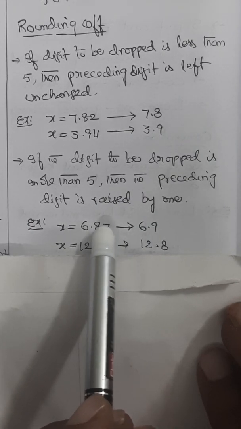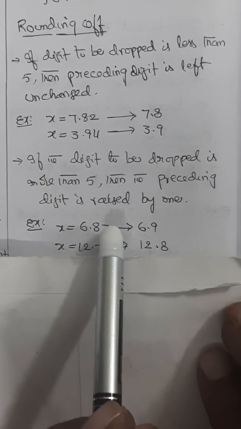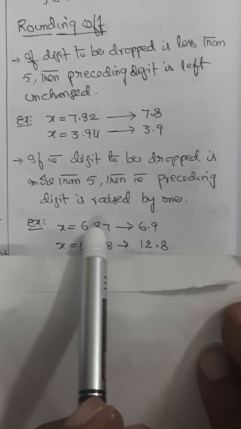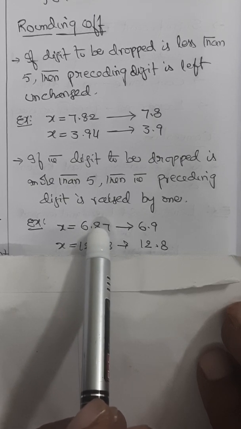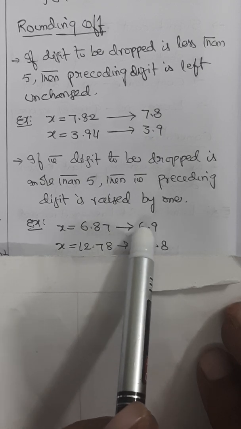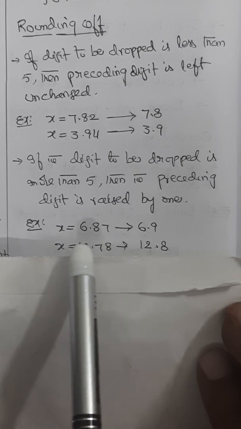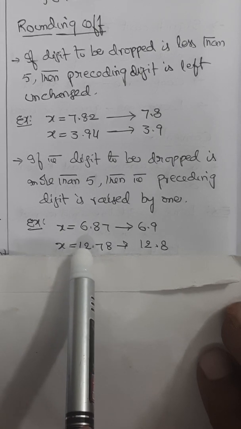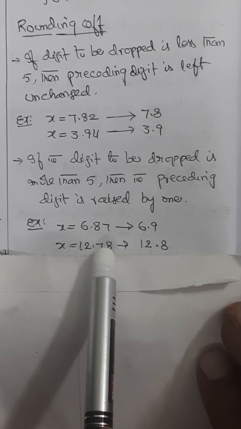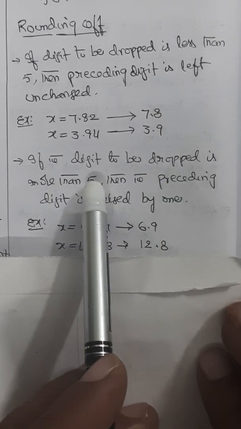Now this 7 you want to drop. The 7 is more than 5. Therefore, the preceding digit should be raised by 1. Therefore, 6.87 can be rounded off as 6.9. Similarly, if you take another value, x equal to 12.78. Now 8 you want to drop. 8 is more than 5.